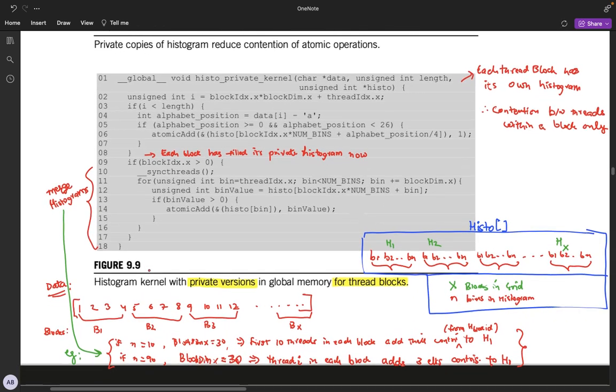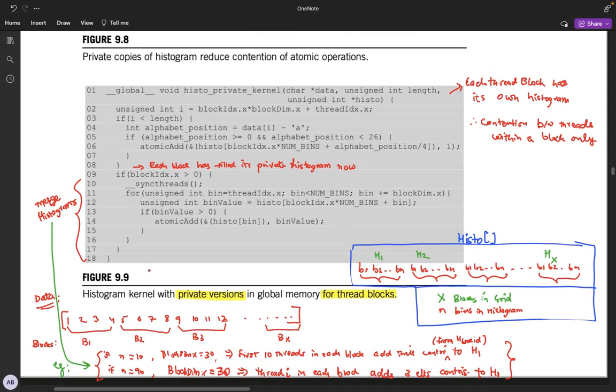So we discussed how this is implemented. We said that the document is broken down into chunks, right? So in our implementation, we define each chunk as one block of the grid, and each thread block has its own histogram. So contention in this implementation is only between threads inside a thread block, because threads within a thread block share the same histogram.